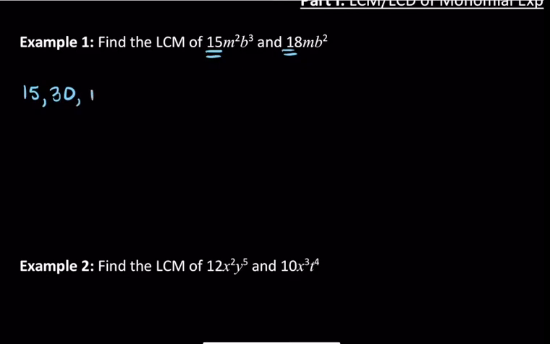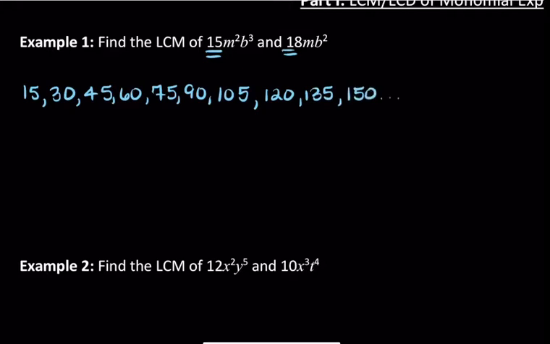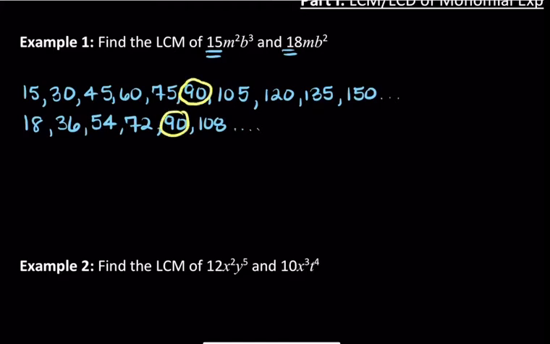So you've got 15, 30, 45, 60, 75, 90, 105, 120, 135, 150, etc. And then list off the multiples of 18 as well: 18, 36, 54, 72, 90, 108. And you're probably wondering, yeah, we already ran into it. There it is. It's 90. We just used that listing method. That's one way to do it.